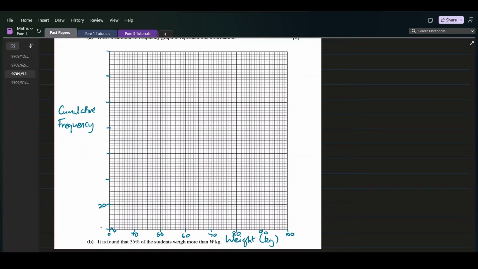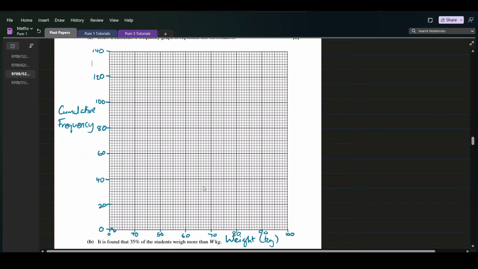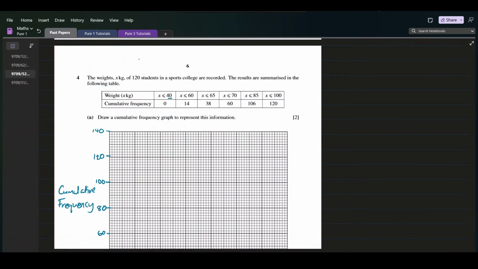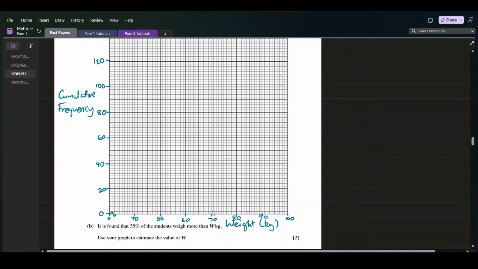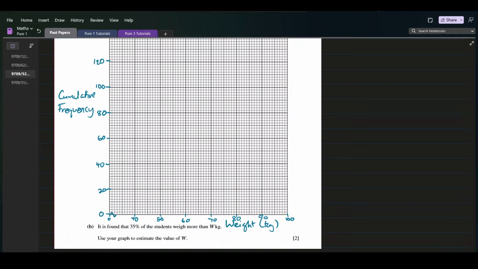This here should be 0, 20, 40, 60, 80, 100, that's 120, and that's 140. Let's label the first point. So that's 40, 0. 40, 0 would be this point over here.